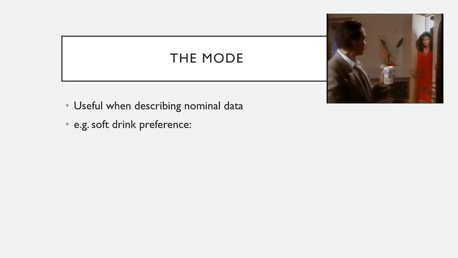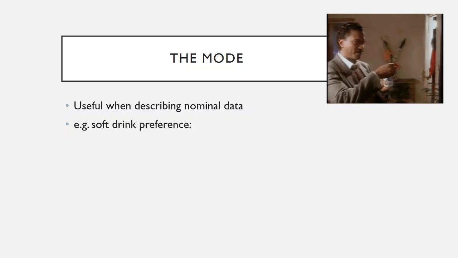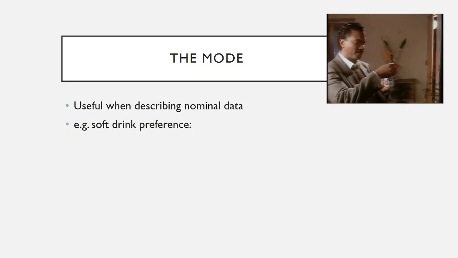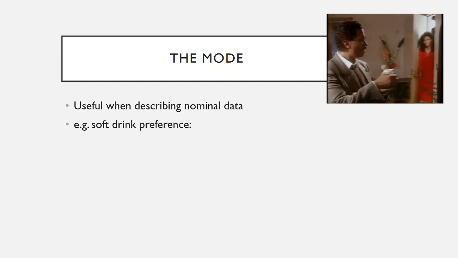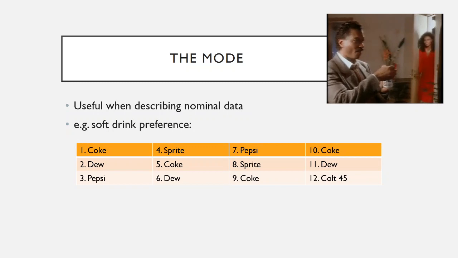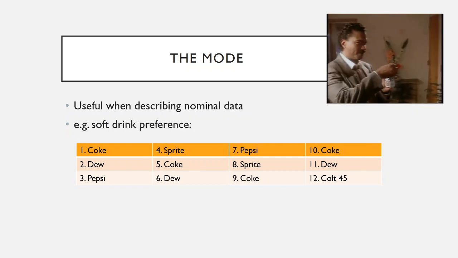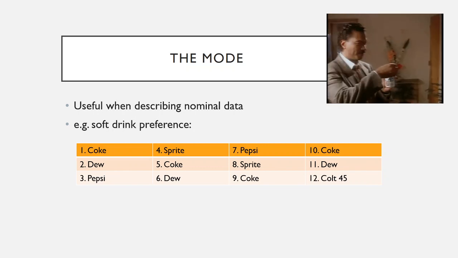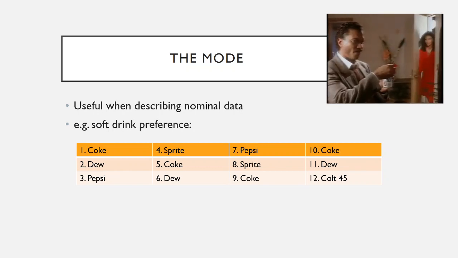The mode is particularly useful when you're trying to describe or get an average from nominal data. If you have categorical data, you really can't calculate a mean because this is essentially not quantitative data. So if, for example, you're polling people on their soft drink preferences, what you have are a series of categorical responses.